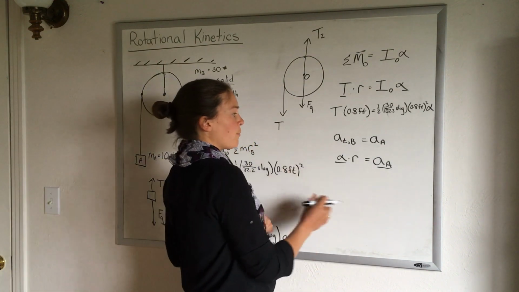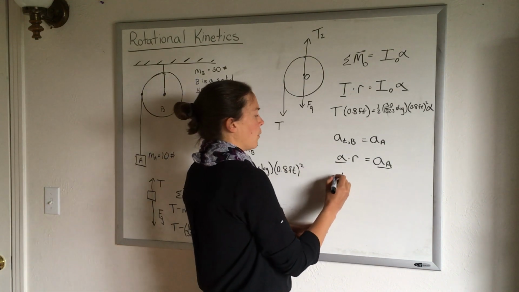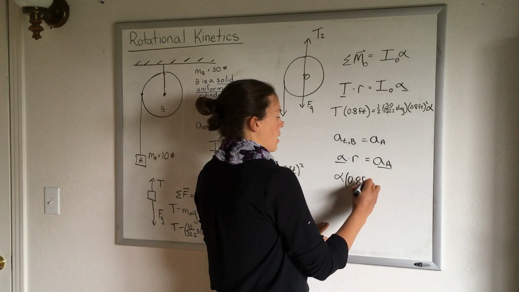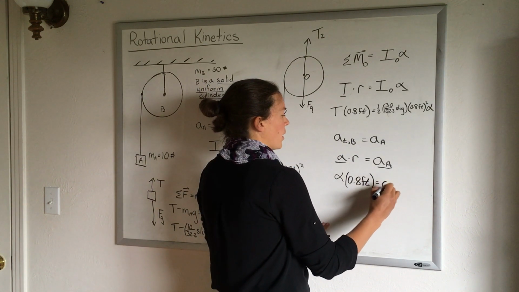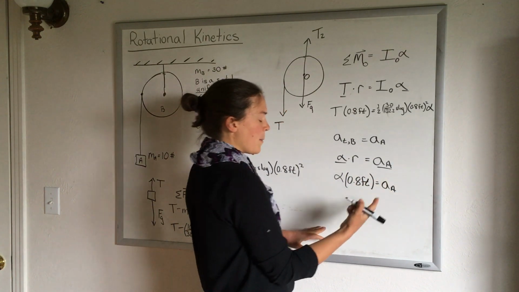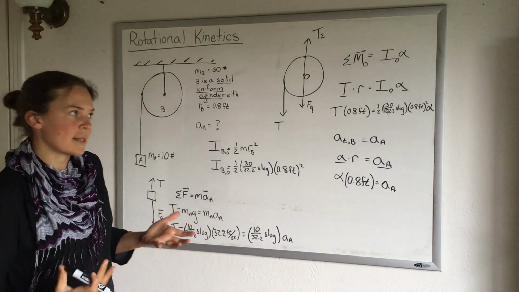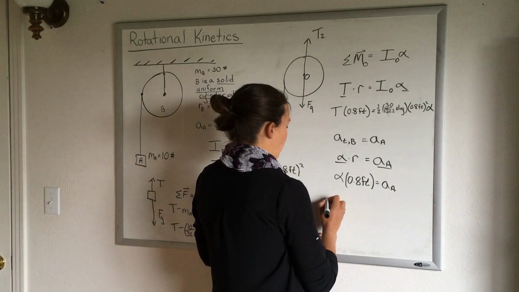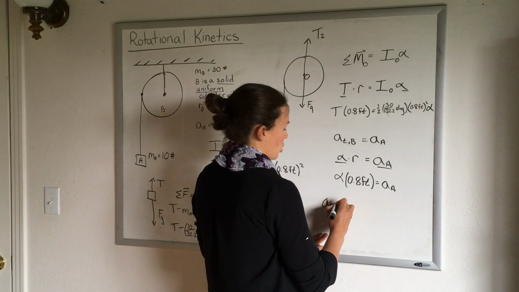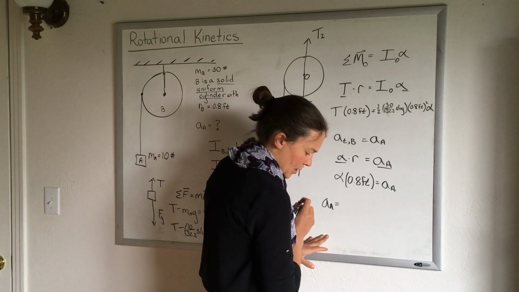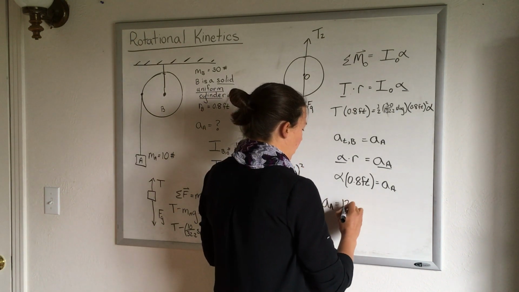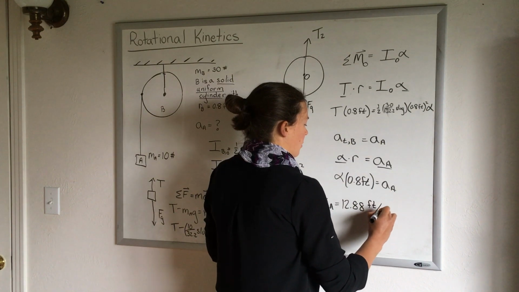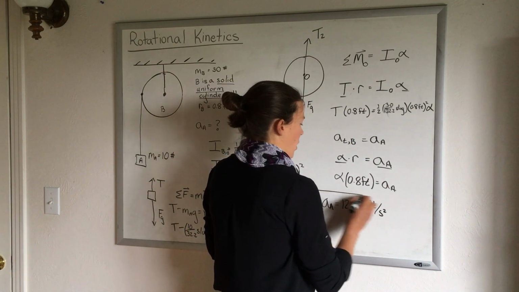And then coming down to my final coupling equation, I'll have my alpha, which should be in radians per second squared, times my radius of 0.8 feet, will equal my acceleration, which would then be feet per second squared. That all makes sense, so everything works out here. And what I get for my final acceleration of A is 12.88 feet per second squared.